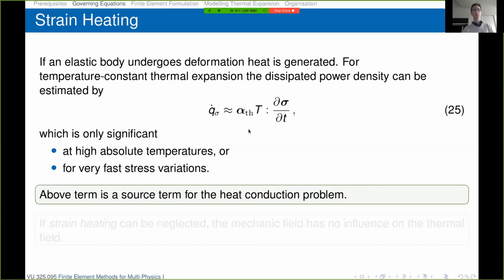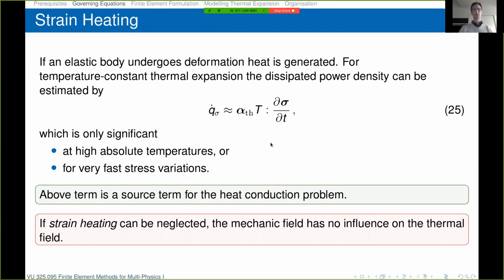mechanic sub-problem leads to a source term in the thermal sub-problem, which in turn will change the temperature, changing the source term again. So if we can, however, neglect strain heating, so we don't have a high absolute temperature and we know we don't have very high stress rates, we can neglect this source term, and then the mechanic field has no influence on the thermal field.